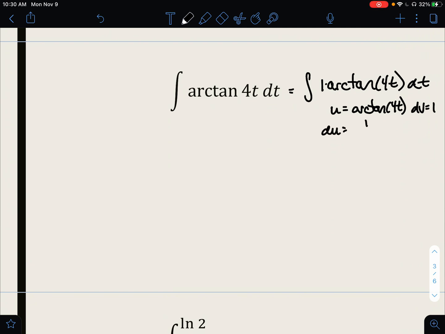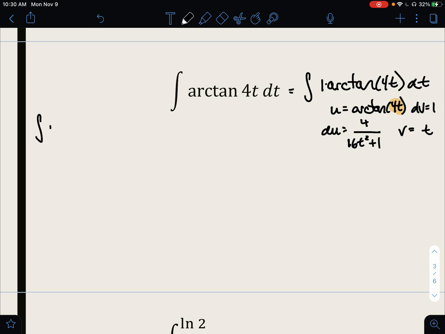du is 4 over 16t squared plus 1. And that's a bit of a baby chain there, right? We have this 4t inside, so we have to take the derivative of that and multiply it by the derivative of the outer function, which is arctan. My v is going to be equal to t.